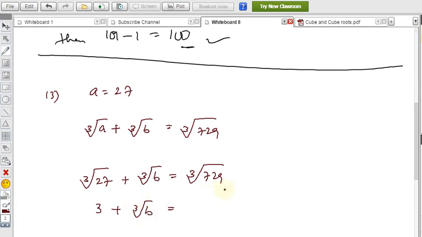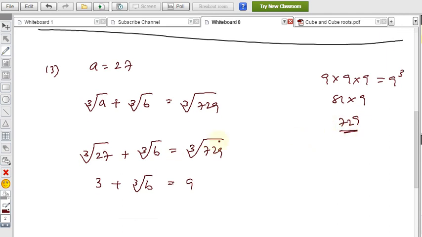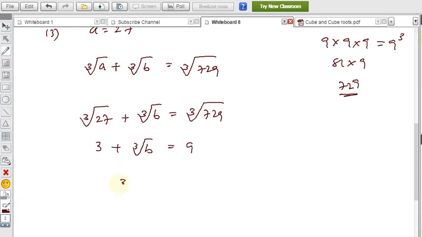9, because 9 cube is 729. 9 into 9 into 9, it is 9 cube. 81 into 9, 729. Now you can take the value to one side. So cube root of b is equal to 9 minus 3, that is 6. So cube root of b is equal to 6.